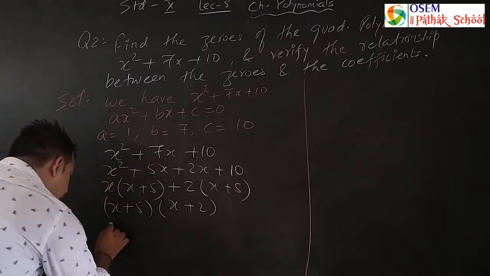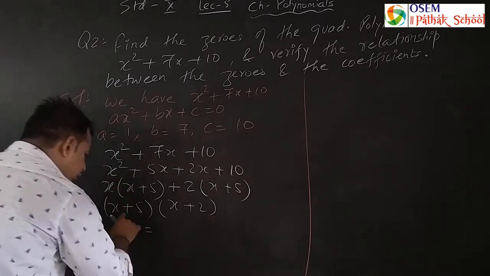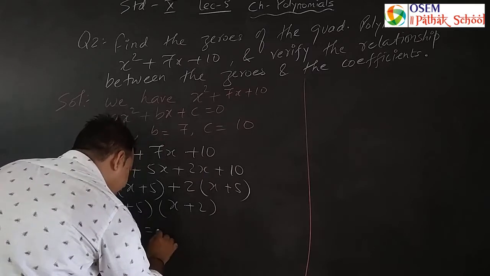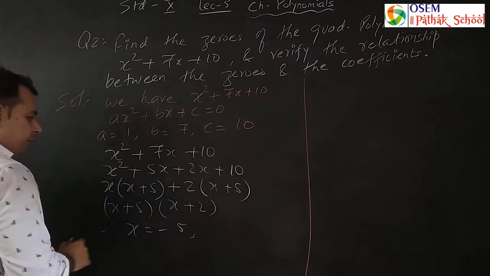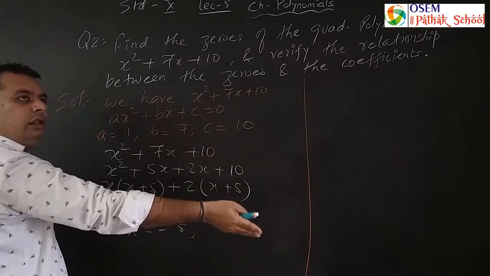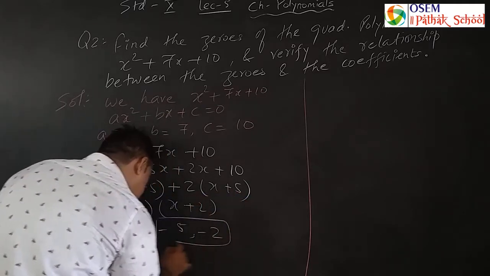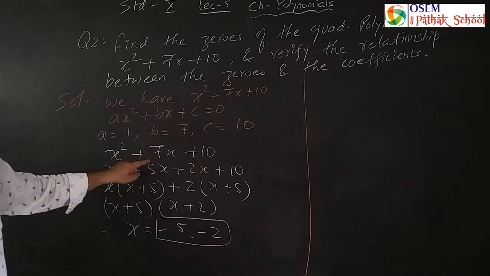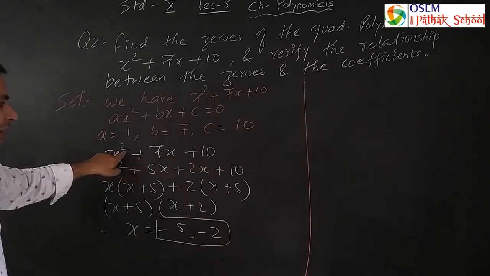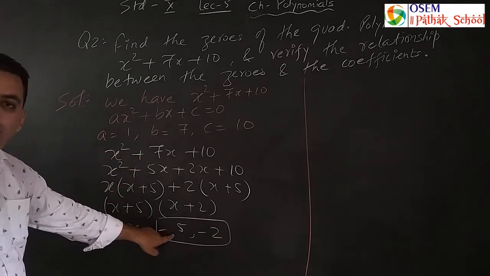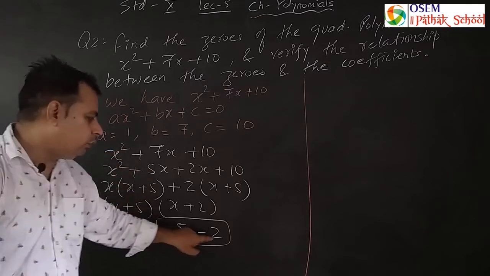Now the zeros: x equals 5 goes to the right-hand side and becomes minus 5, and this 2 goes to the right-hand side and becomes minus 2. So these are the two zeros of the polynomial. I have already told you that the power is the number of zeros. It is 2, so we got 2 answers.